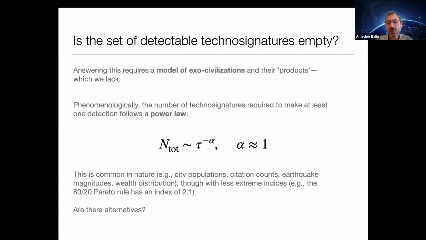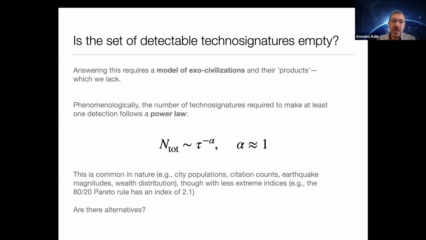And phenomenologically, what one can see is that this number follows a power law with some spectral index. Okay, so the longevity tau of technosignatures to some power will give you the number.